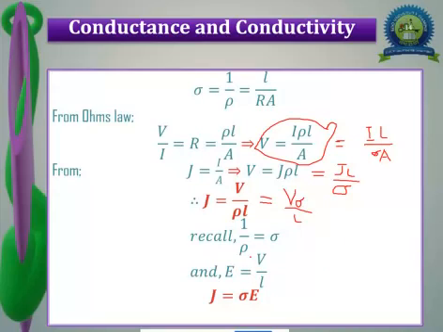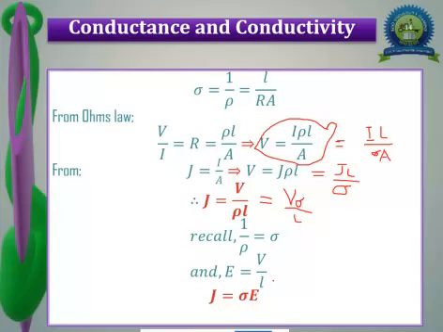And then finally, we have defined this earlier. E is defined as V over L. This E is talking about the electric field. Is that okay? We saw that in physics 121 yesterday. V over D, and it's given in volt per meter. The electric field that is set up within the material as a result of the applied voltage is V over the length of the material, which is distance.